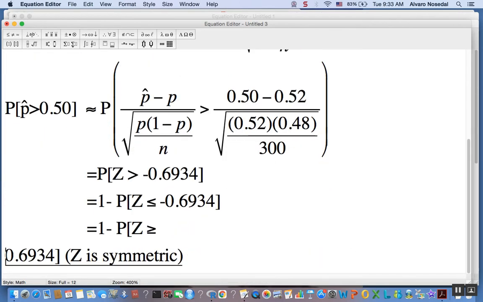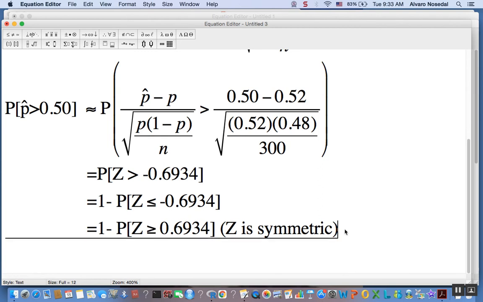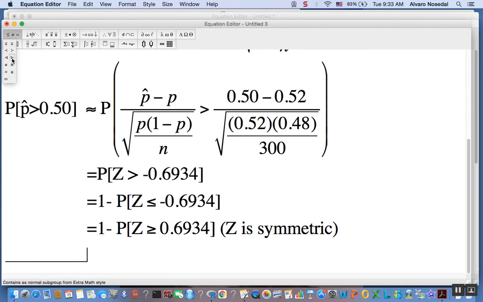So using our table, what we have is 1 minus 0.2451.